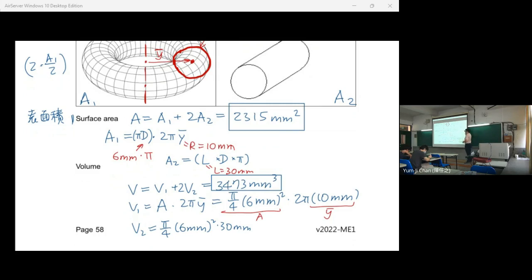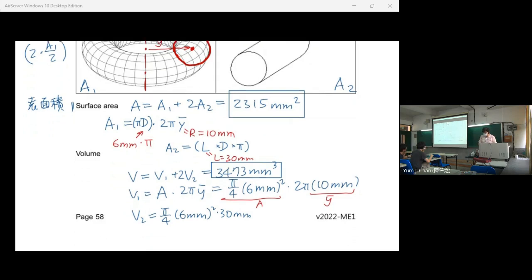I'll give you some exercises this week to practice on these two equations. Now, take your time. After you have finished this, then we go on to the next page.